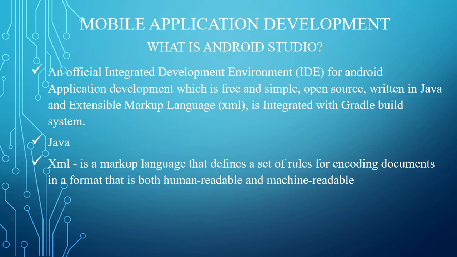So mobile application, what is an Android Studio? Let's start here. It's just an official integrated development environment for Android application development, which is free and simple, open source, written in Java and extensible markup language. Right, what are we saying when we say Android Studio? It is the platform where we write our code for the application. Which code now? Someone can ask.